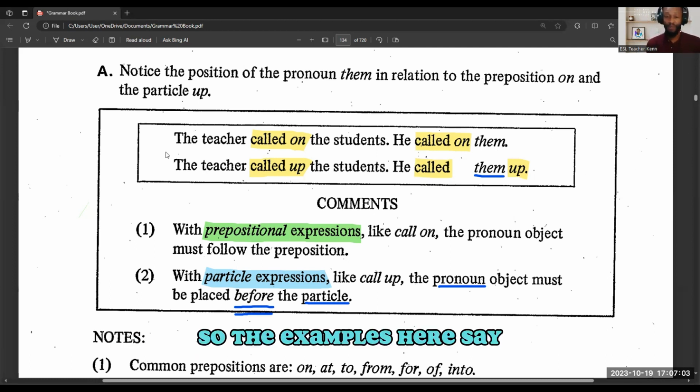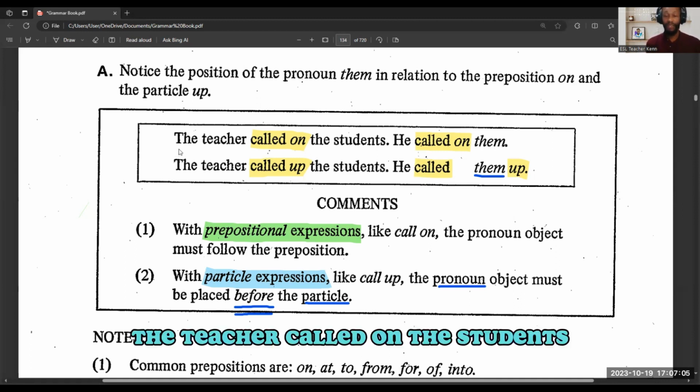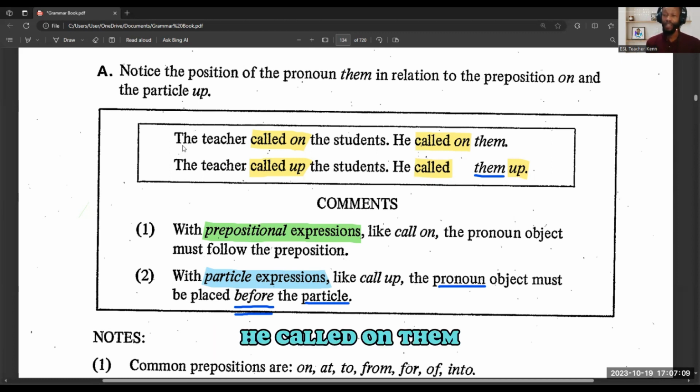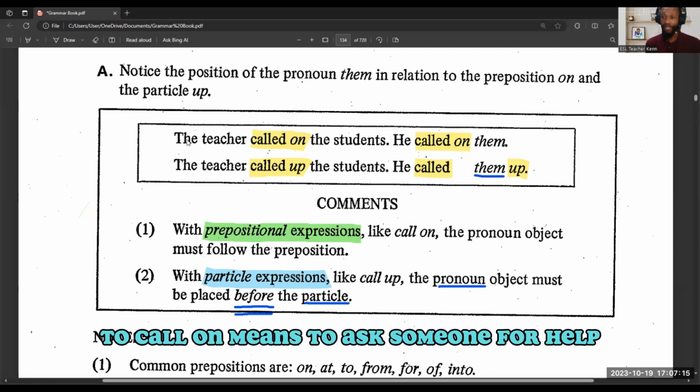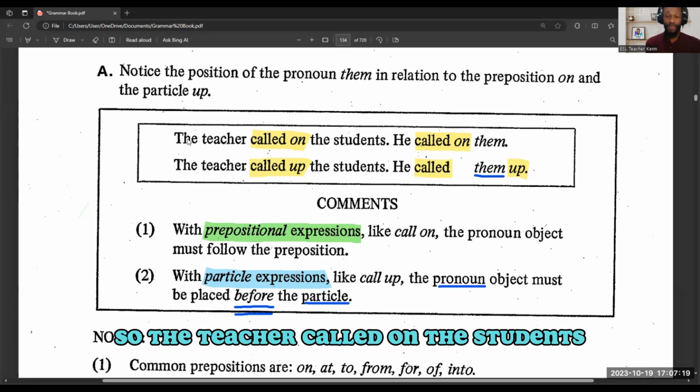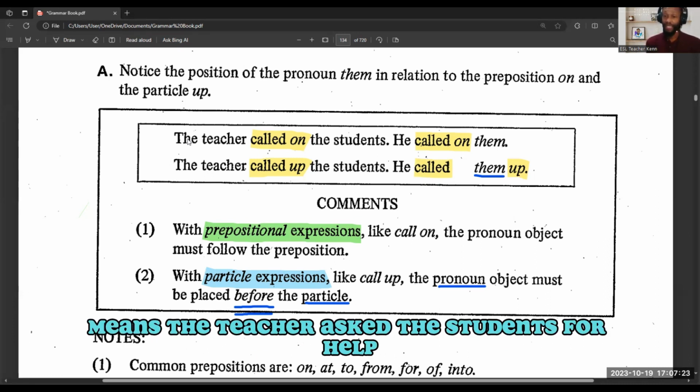The examples here say, the teacher called on the students. He called on them. In this case, to call on means to ask someone for help. So the teacher called on the students means the teacher asked the students for help.